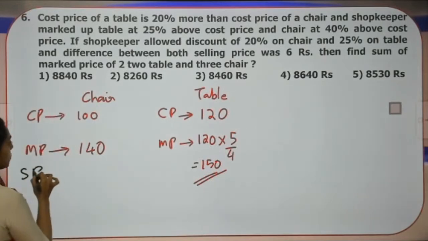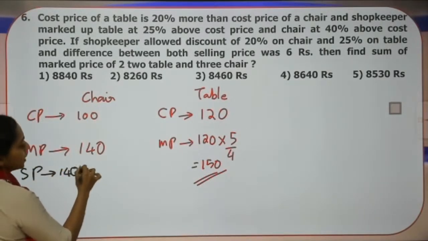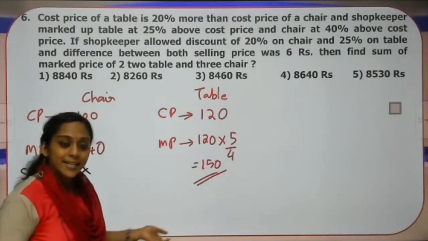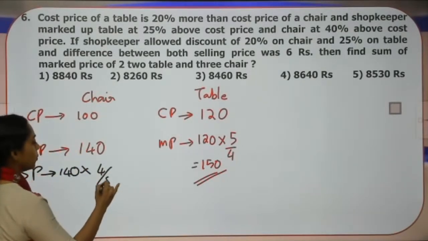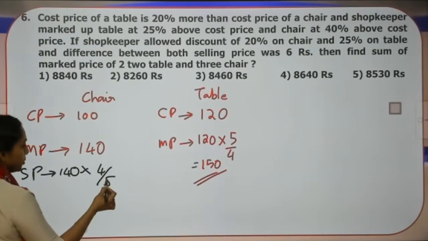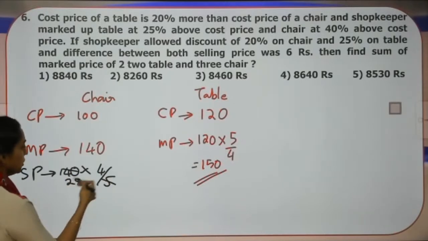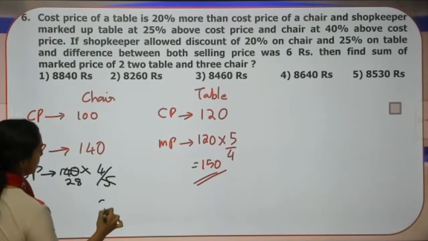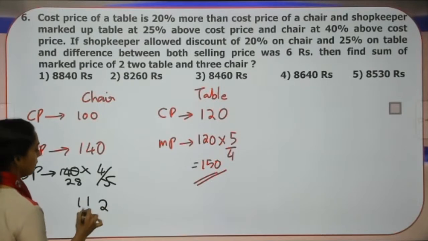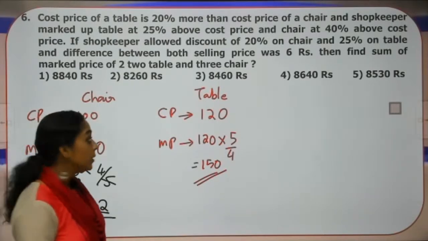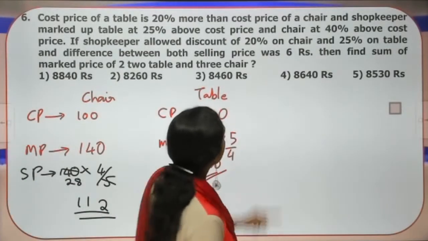So the selling price will be 140 into 80%, since 20% discount means the remaining is 80%. So 80% is 4 by 5. So this is 28 into 4, that is 112. So the selling price here is 112, and here 25% discount.